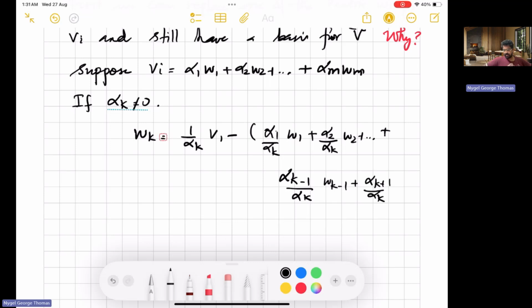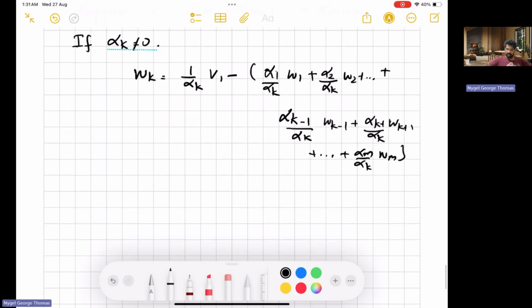We've just taken wk to the other side, so we don't have a coefficient of wk.